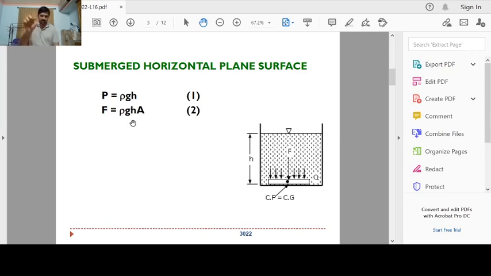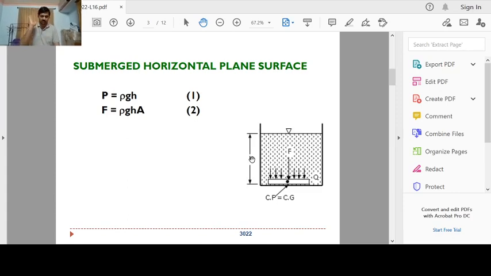Due to the weight of the fluid, how much pressure is acting on a particular area, that is the force. And the center of pressure here is the point of application of that total pressure. So here the center of pressure will be the center of gravity of the surface, the same point, which is roughly equivalent to h itself.